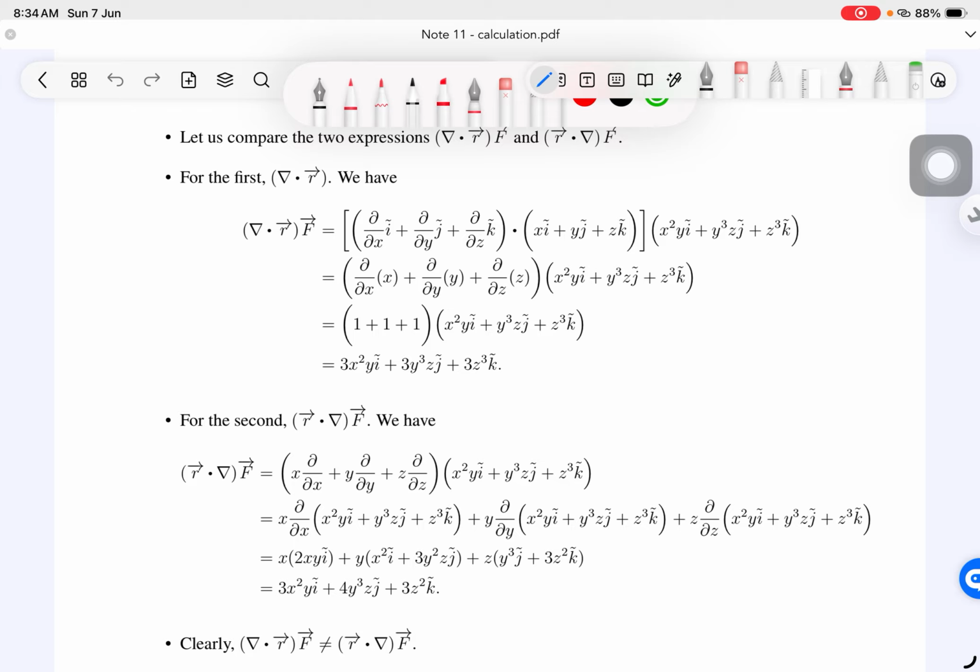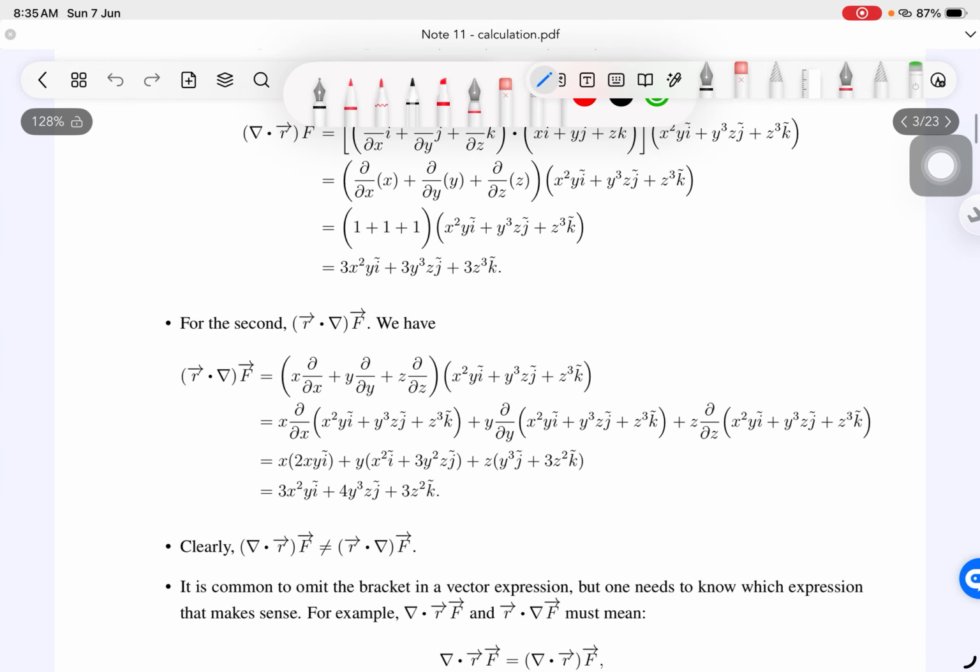When we perform the multiplication, this one multiplies with this one, this one multiplies with this one, and this one multiplies with this one. So we get this answer. When you compare both, it is not equal. Clearly we see that this one is not equal to this one.